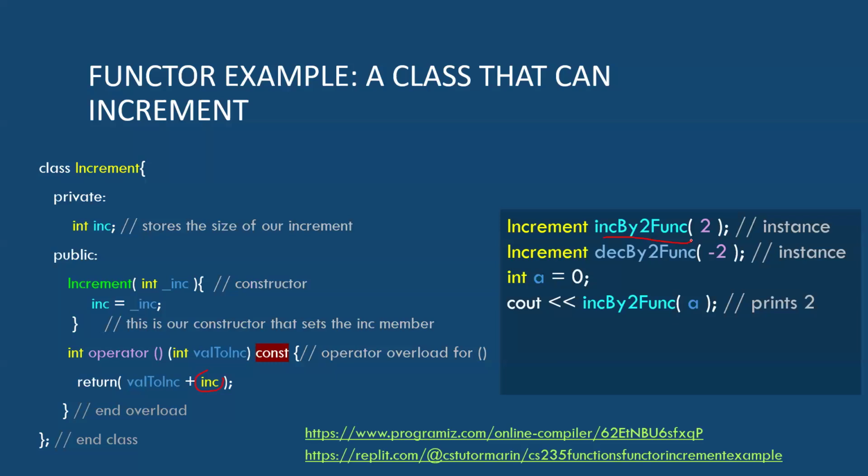And it's not going to change a, so it's not really incrementing a. It's just, in this case, returning a plus 2. So the plus 2 is baked into the instance here, and the minus 2 is baked into this instance here. And this is us using those overloaded parentheses right over here.